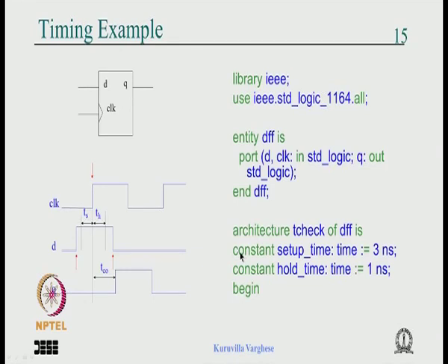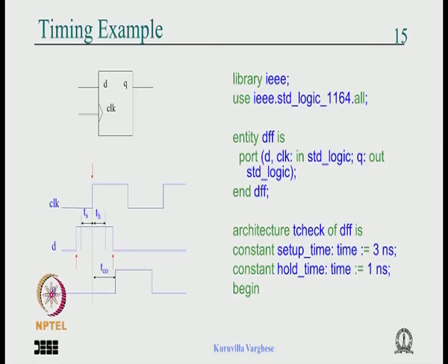Instead of hard coding it, we could have said that this time minus that time is greater than 3 nanoseconds, but to make it easily configurable, we are defining a constant. So constant setup time is of type time equal to 3 nanoseconds. Constant hold time is of type time equal to 1 nanosecond.